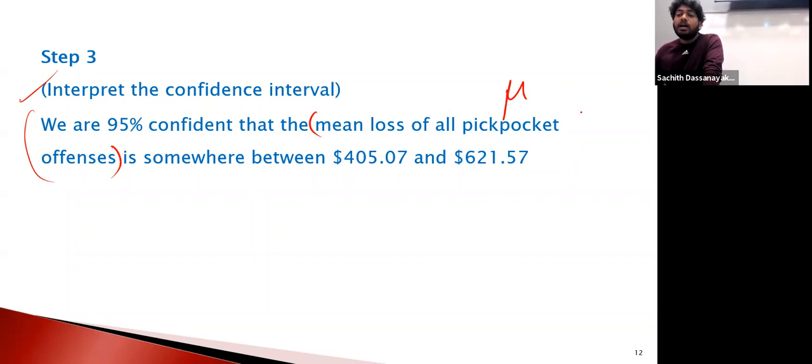This is the idea behind it. So always try to write it for a general audience. Explain everything. This is 95% confidence that the mean, this mu, what they have mentioned, is between these two.